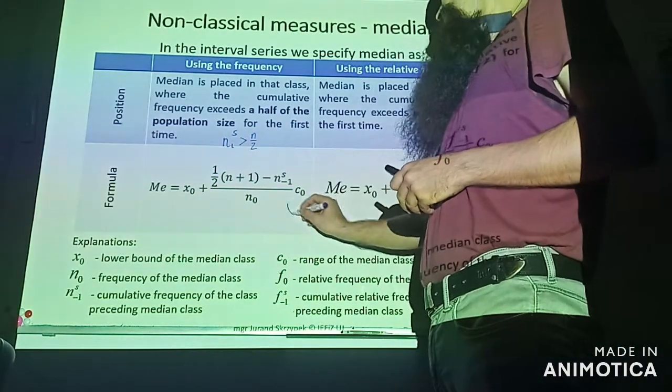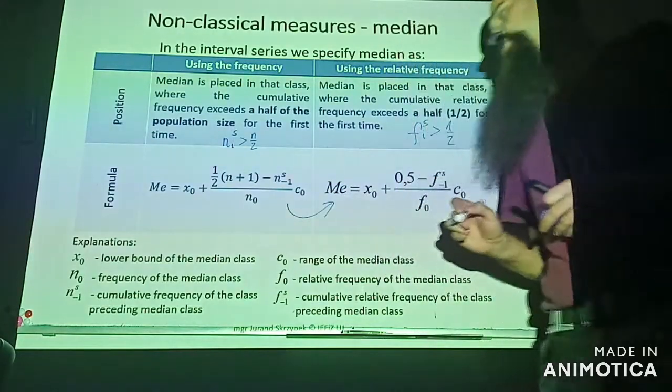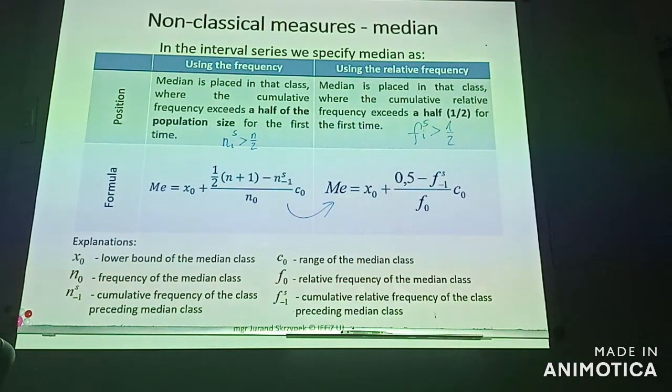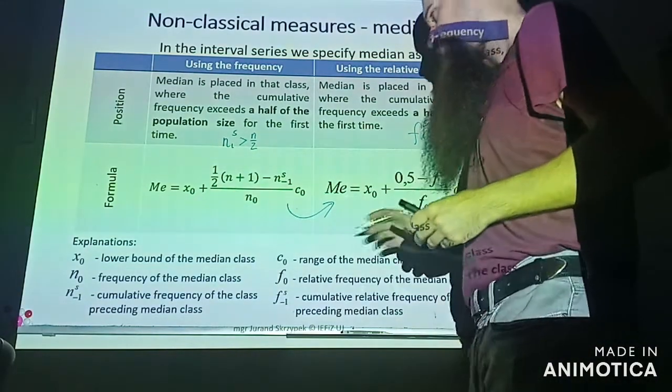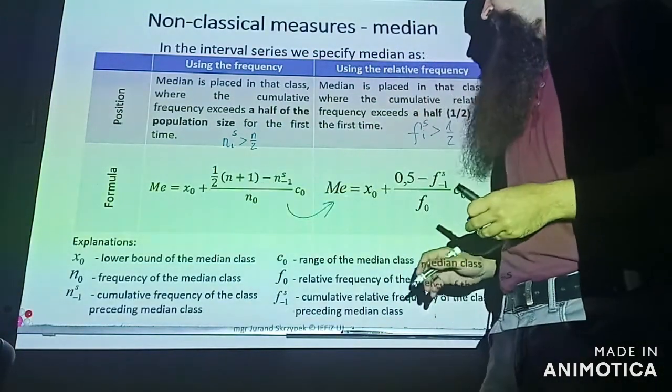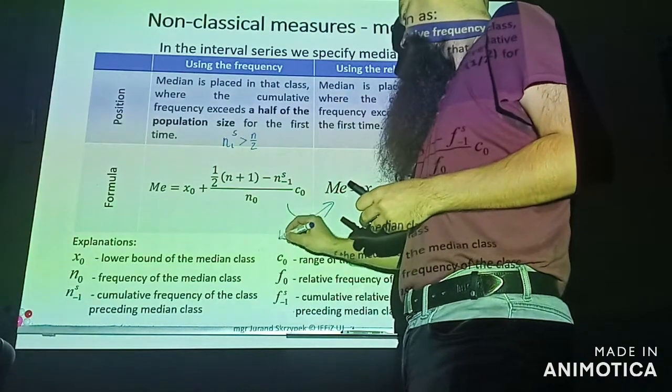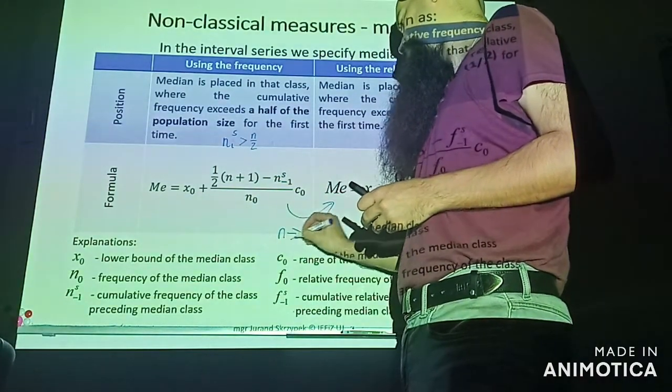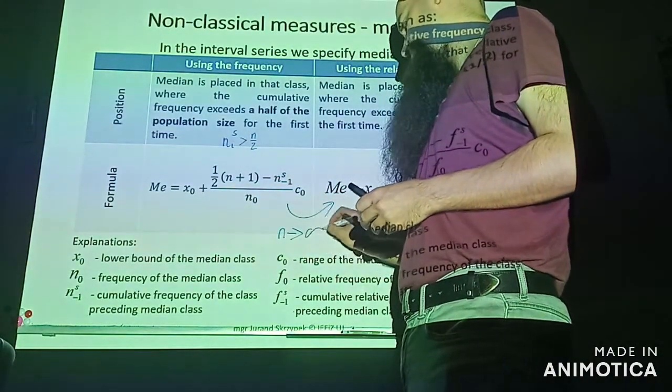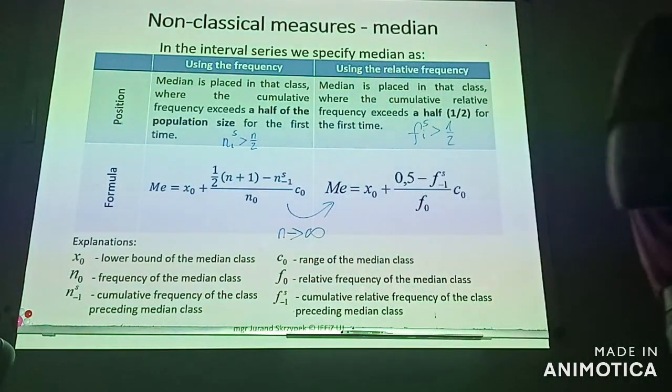This formula is the consequence of transformation of this formula in the assumption in which the population size goes to the infinity.